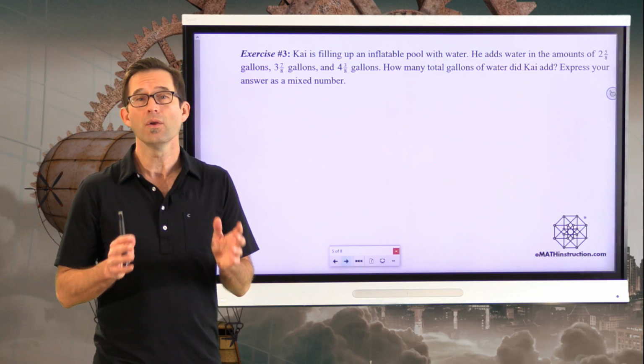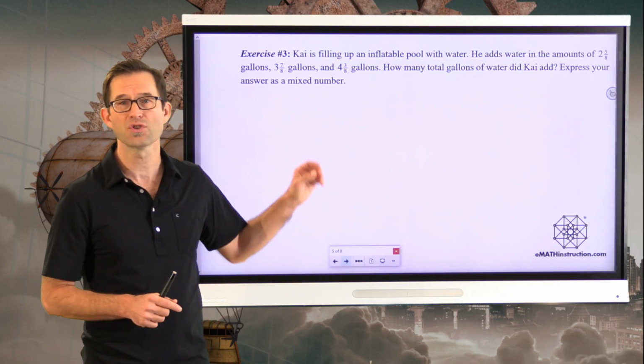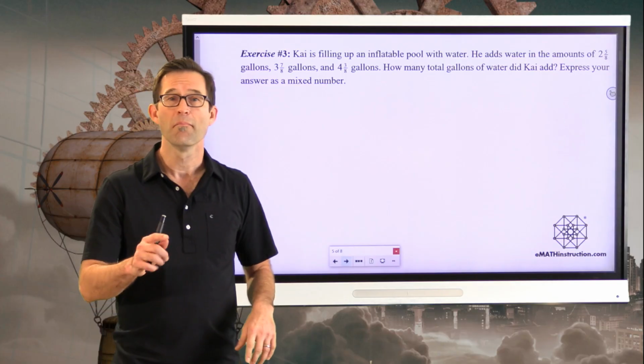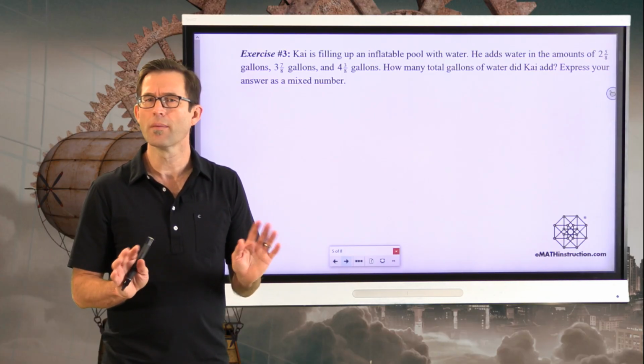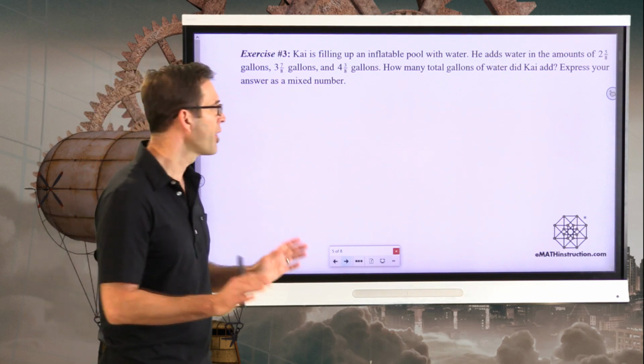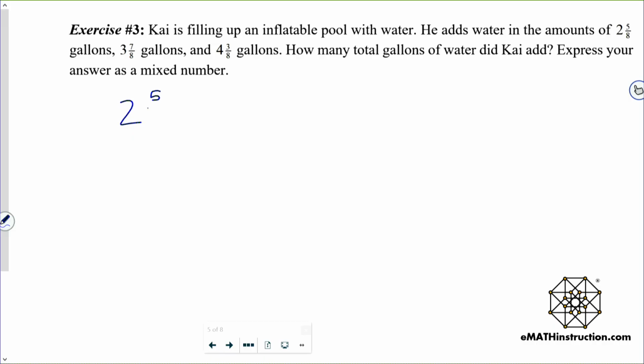All right, now you may remember some things in 5th grade or maybe even 4th grade about how to change a mixed number back into an improper fraction. But let's not worry about that for right now. Let's literally write out the sum, right? Okay, so, he's got 2 and 5/8 plus 3 and 7/8 plus 4 and 3/8.